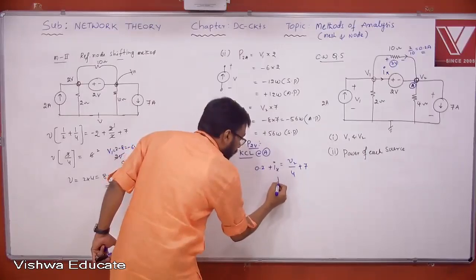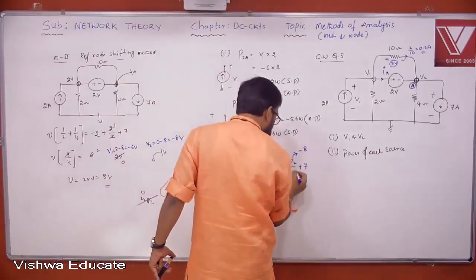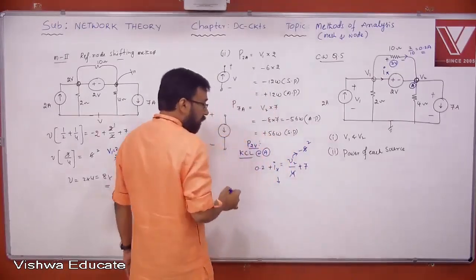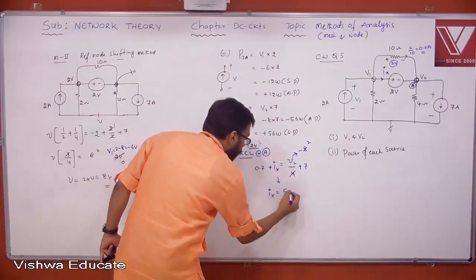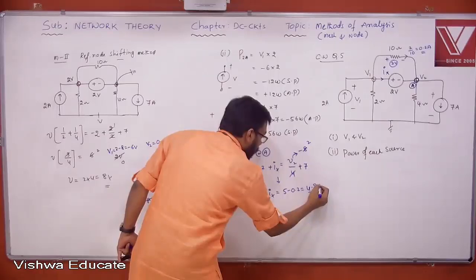Now, if I take Ix, what is actually V2 here? Minus 8, okay? So 7 minus 2, 5. So Ix is equal to 5 minus 0.2, nothing but 4.8 ampere.